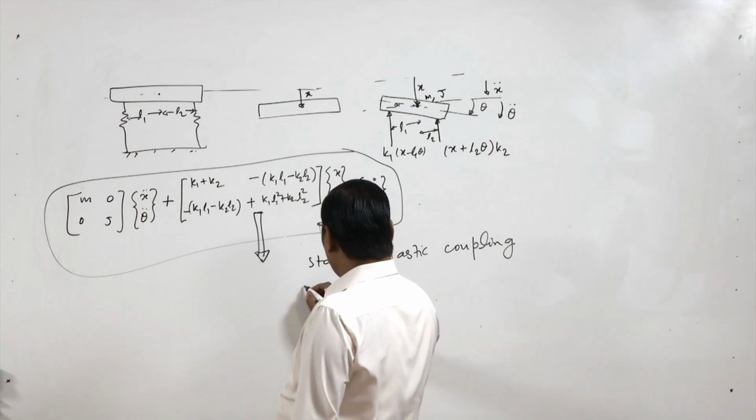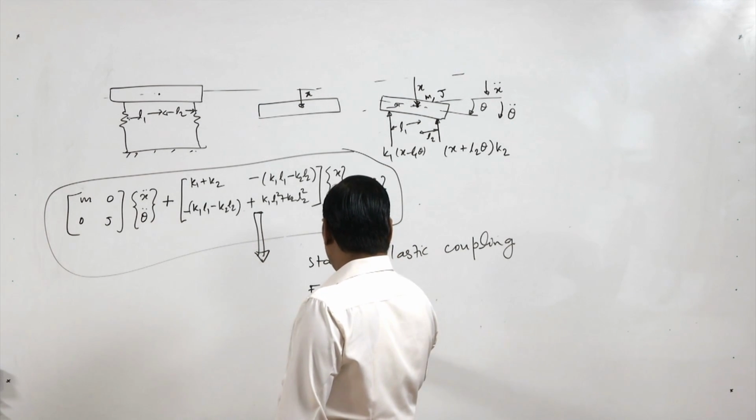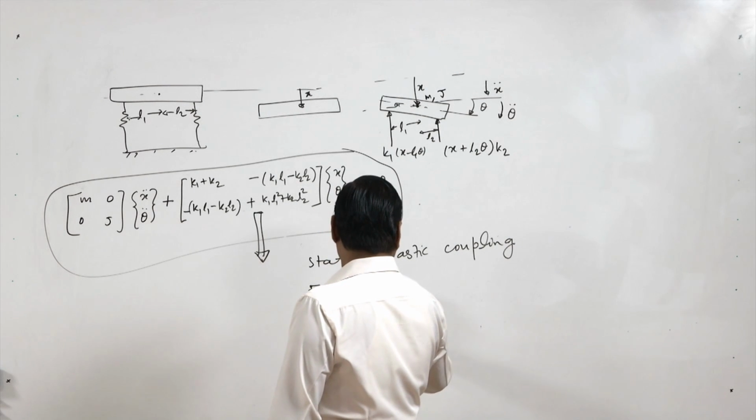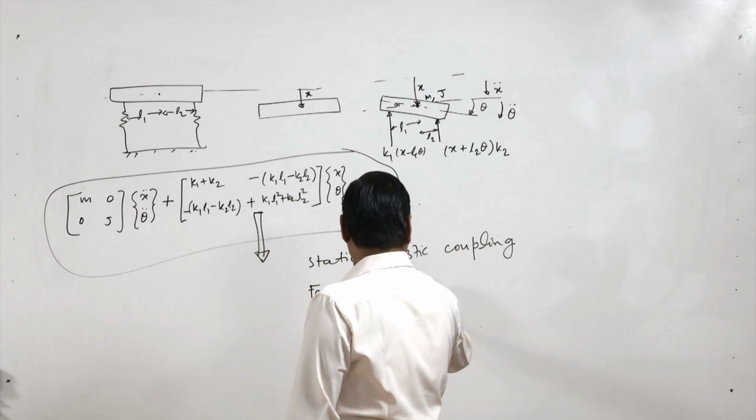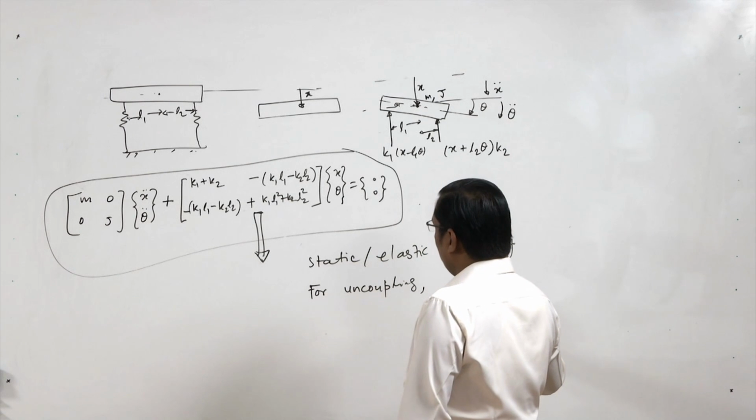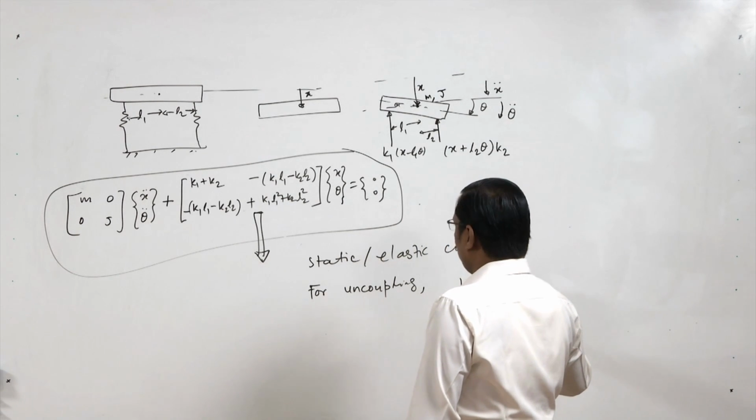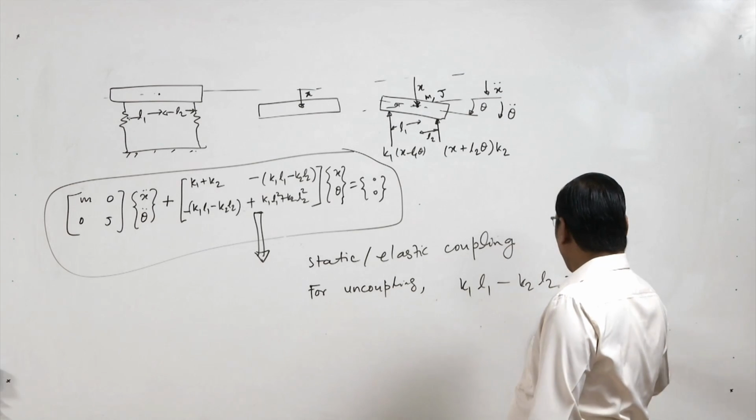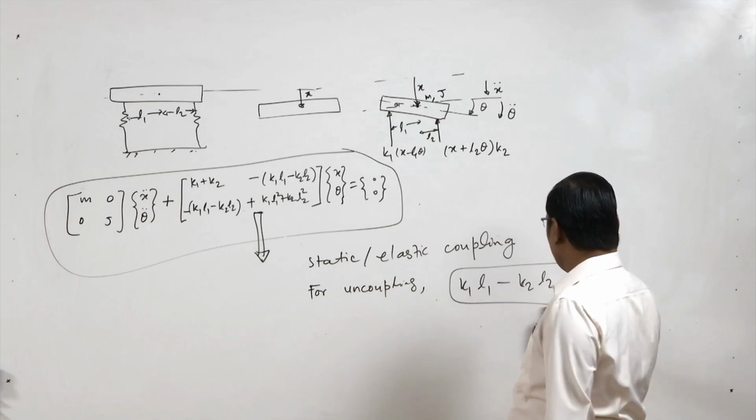So for uncoupling, K1 L1 minus K2 L2 equal to 0 is the condition.